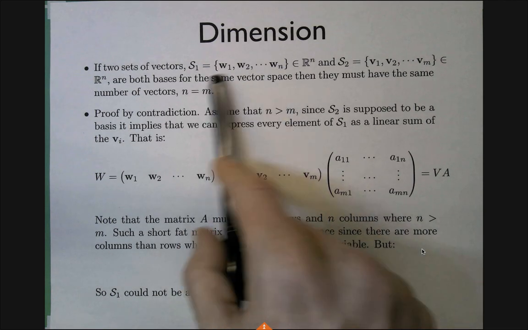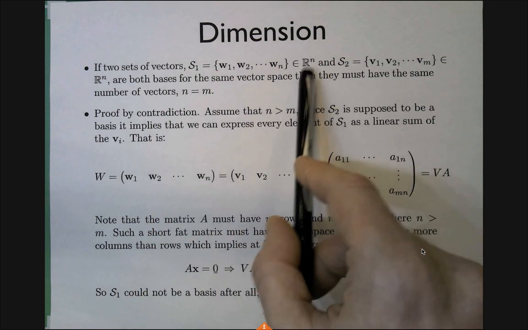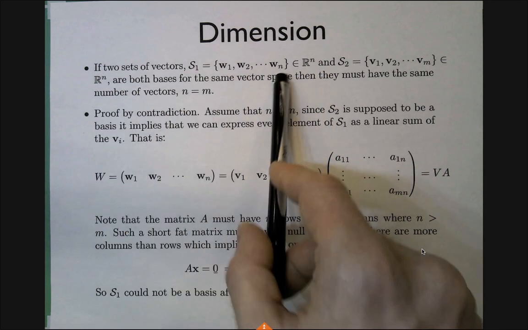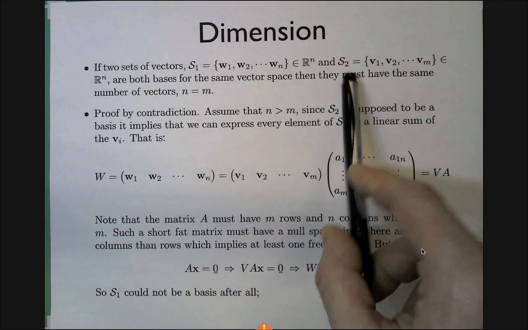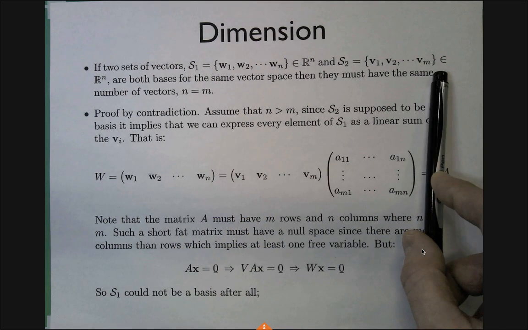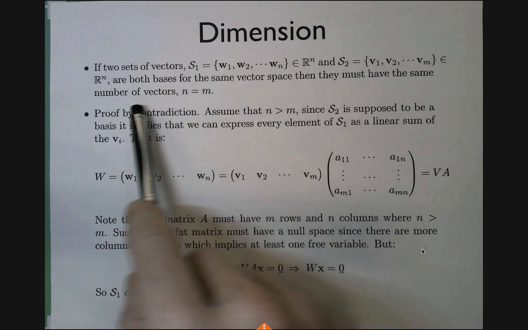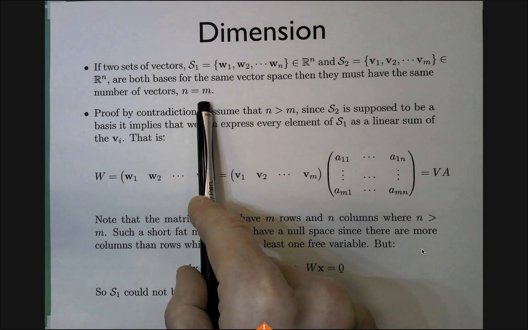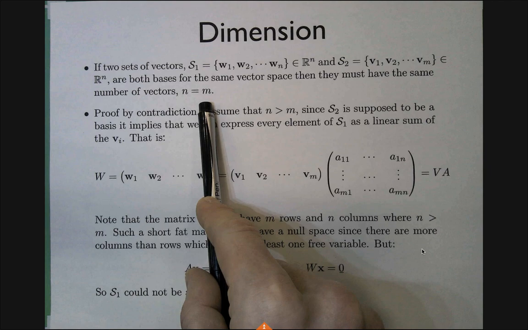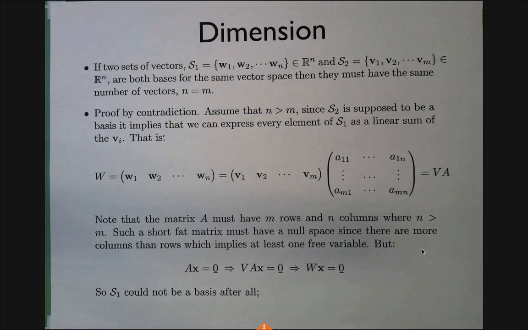So the claim is that if I have some vector space, in this case Rn, but you could put any vector space there, and I have two sets of vectors which are both bases, one basis and another basis, then both bases must have the same number of vectors. You cannot have a smaller basis and a larger basis, right?